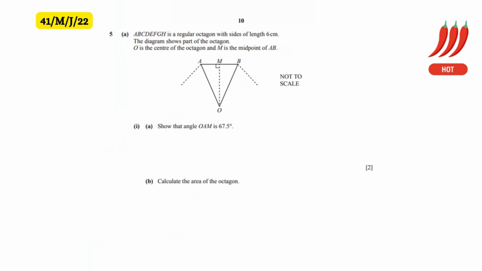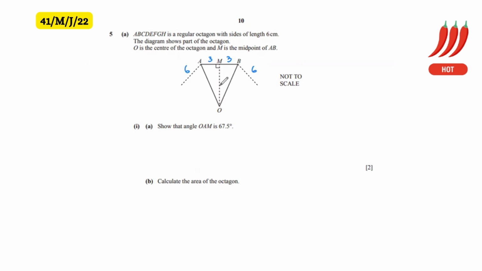So for that, we know that in a regular polygon, all sides are equal. So AB is 6, so this is 3, 3. This is also 6. And interior angles are also the same.